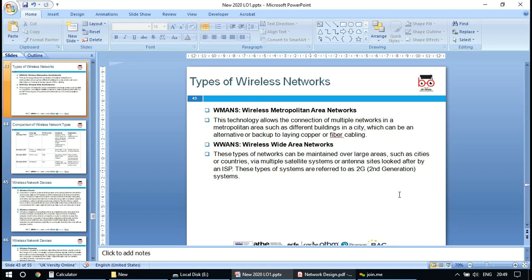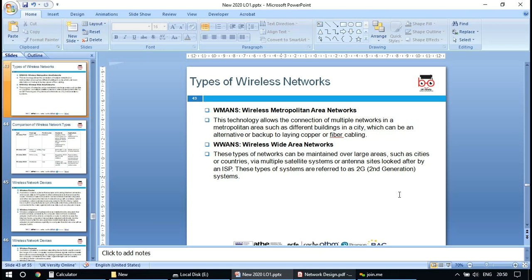The wireless wide area network is a type of network which could be done using satellite systems or antennas, or 2G, 3G, 4G systems.